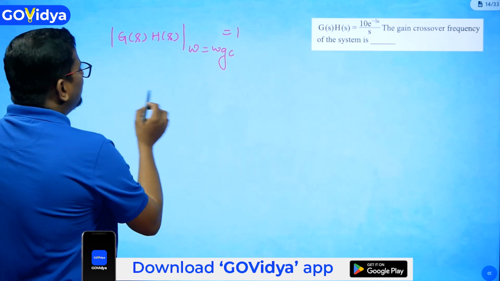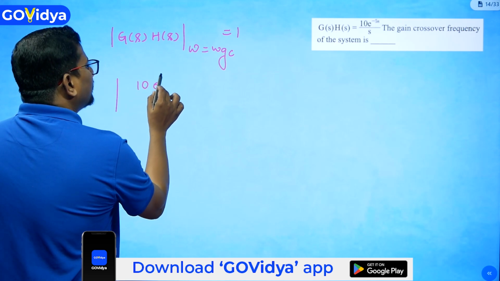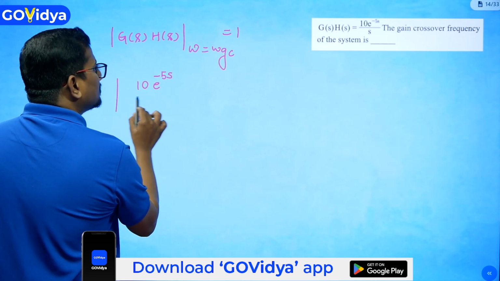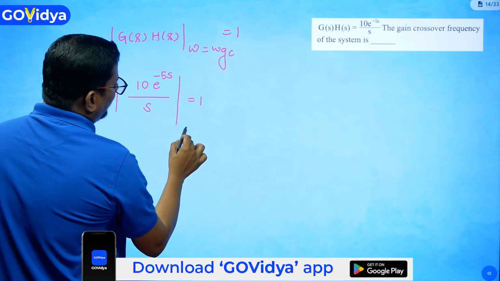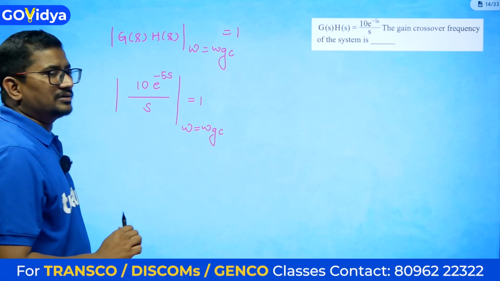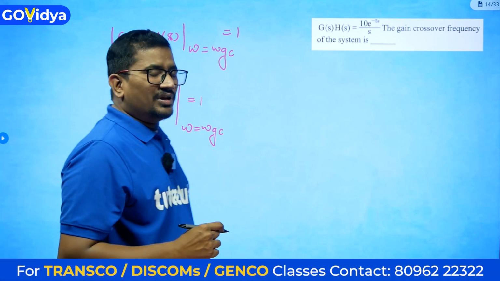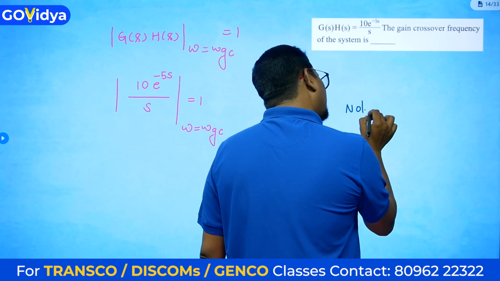What is the magnitude of e to the power of minus 5s? Its magnitude equals 1, where omega is equal to omega GC. Whenever you observe, note here.